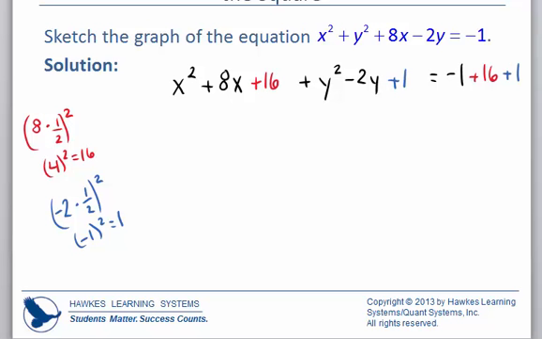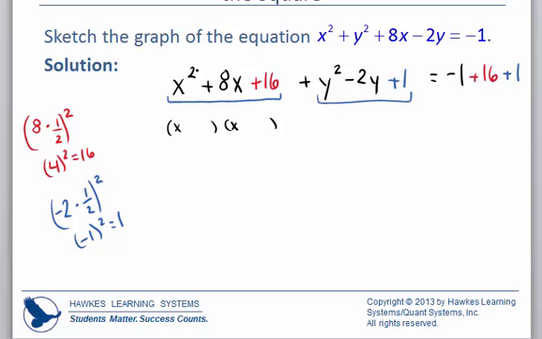Now our goal is to factor this set and then factor this set. And so when we do that, we know that we need an x and an x to make our first terms equal an x squared.